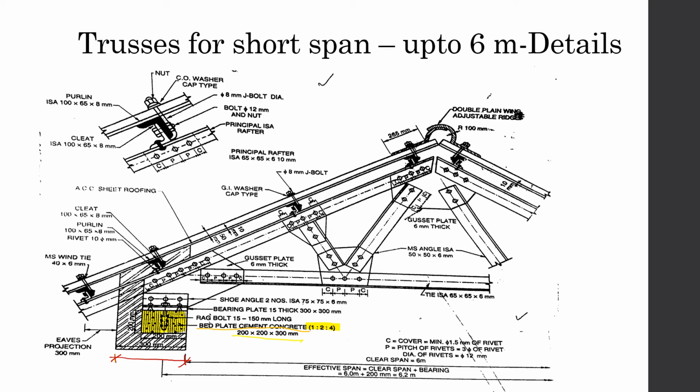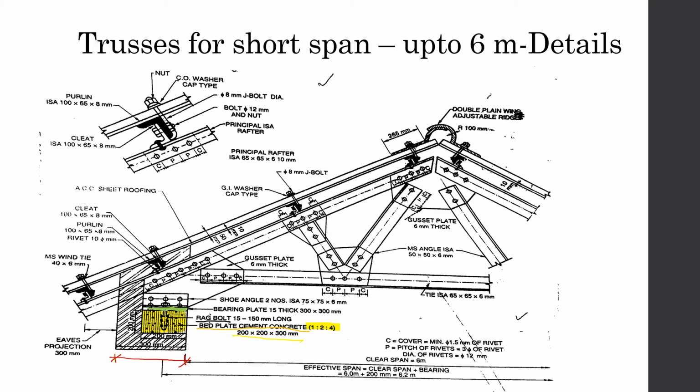Then the second thing which we studied there was this bed plate, the one which I am coloring with green. So this bed plate is made with metal. This is not made out of wood or cement. This is a bed plate which is fixed inside the bed plate cement concrete block using bolts and screws. So this is a rag bolt. This is called a rag bolt, which is 150 mm long.